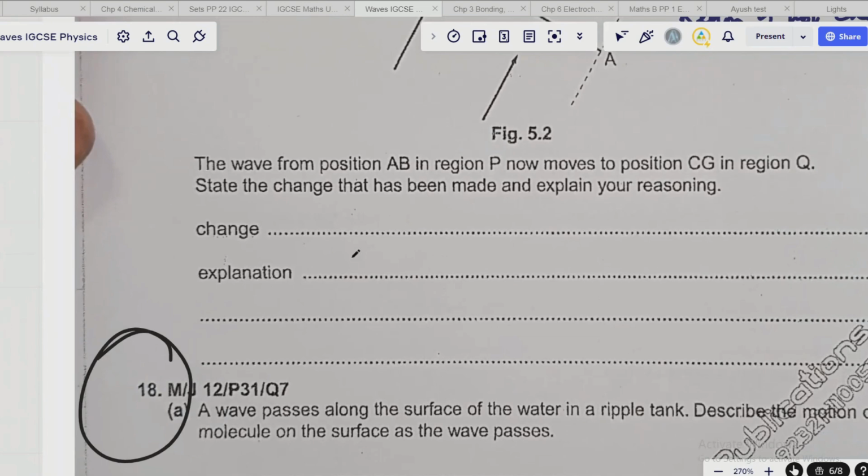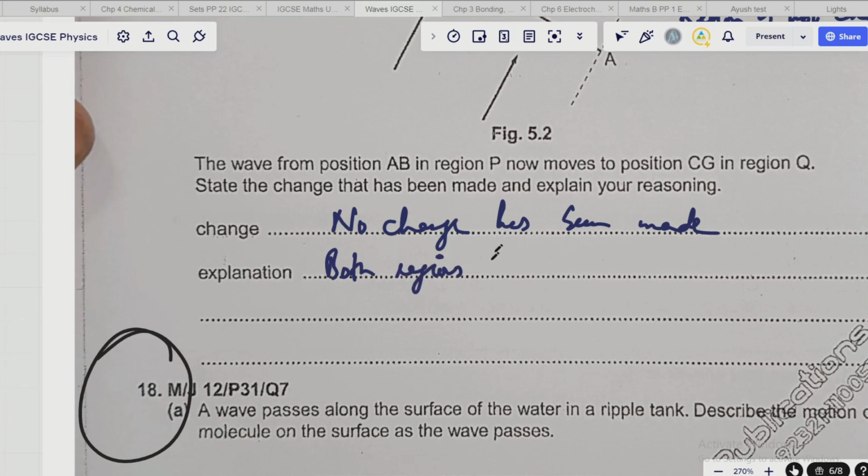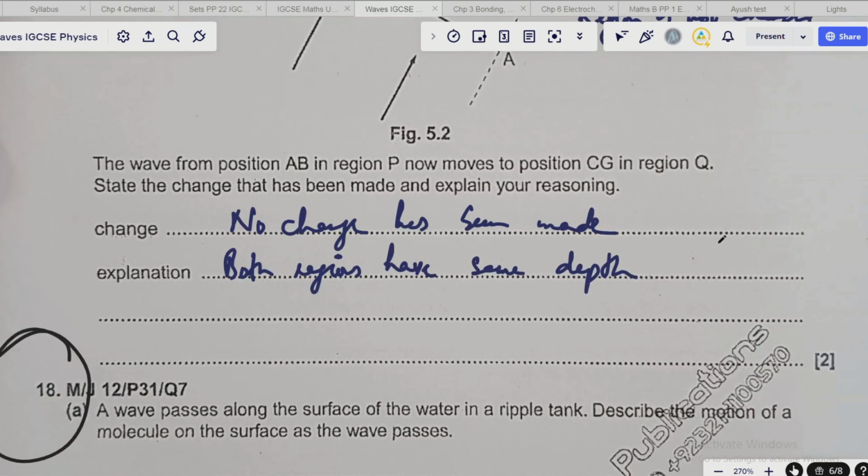What is the change first? There is no change. This is what we will say. State the change that has been made and explain your reason. No change has been made. And how would you explain it? That both regions have the same depth.